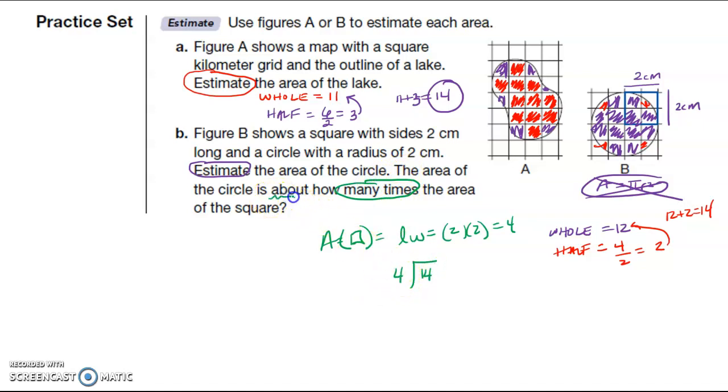It's an estimate, so 4 goes into 14 about 3 times. So I would say that the area of the circle is 3 times the area of the square.